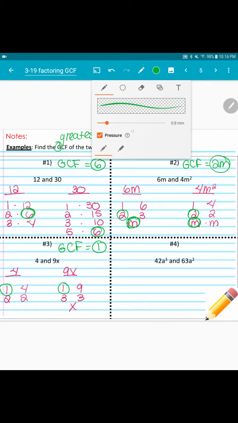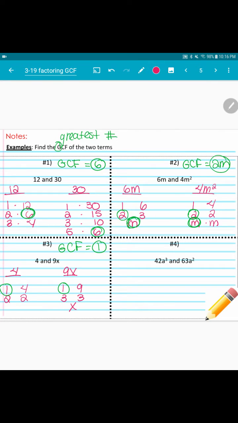All right, and the next one, we have 42a cubed and 63a squared. 1 and 42, 2 and 21. We have 3 and 14.